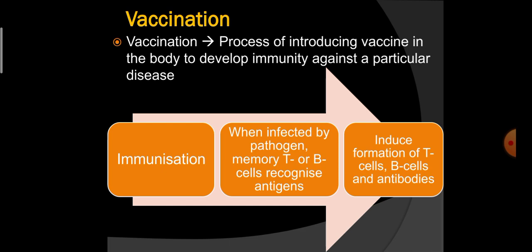Once these antigens are identified, the B lymphocytes will produce antibodies against them, and it will induce the formation of T cells, B cells and antibodies. So that is how vaccination helps in the immunization process.